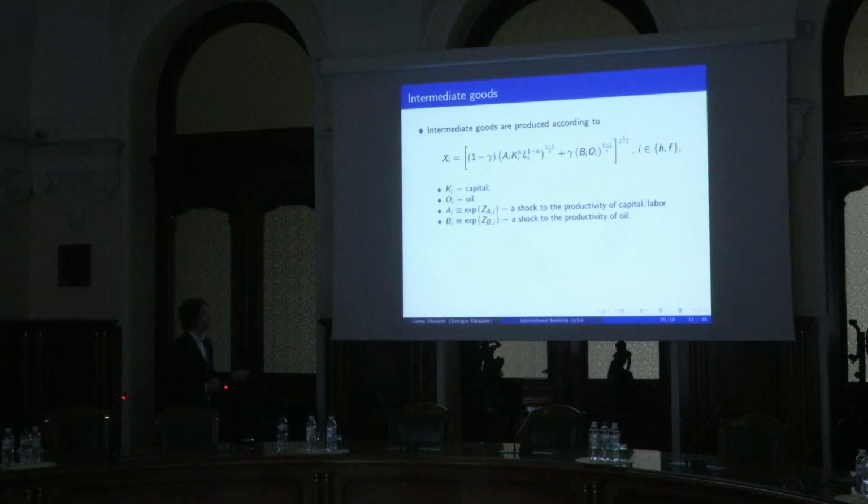And as I said, we're going to set this epsilon to be a low number, and that's based on other research that I have, where we estimate this epsilon. And we find it to be basically zero. If you think of it, it makes sense, because as I said with the car, you have the car, but you need a certain amount of energy to drive that car.